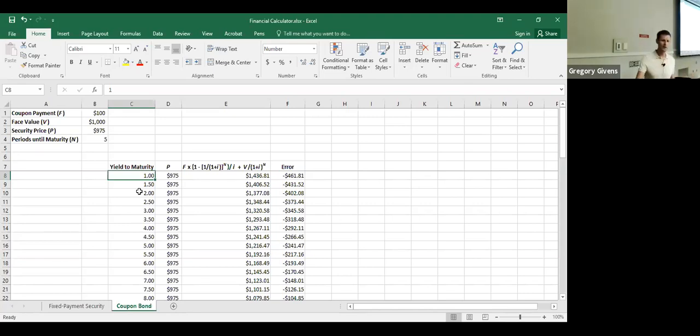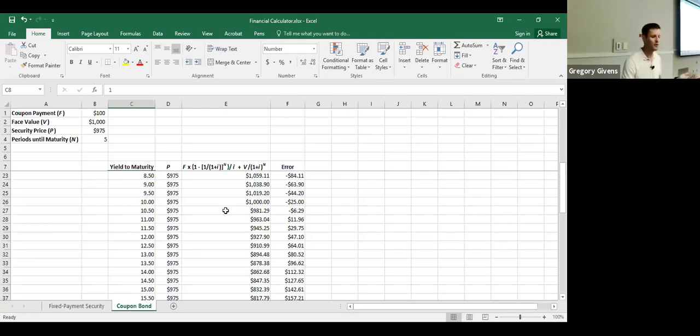Now, if we go down here, you can see that the difference between column E and column D rises towards 0, and somewhere between 10.5% and 11%, the error goes from a negative number to a positive number. So the true yield to maturity then must be somewhere between 10.5% and 11%. All right.